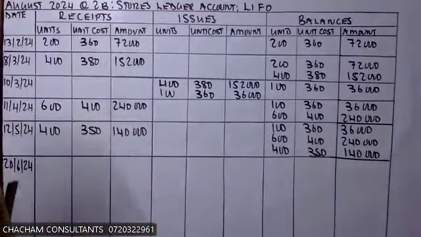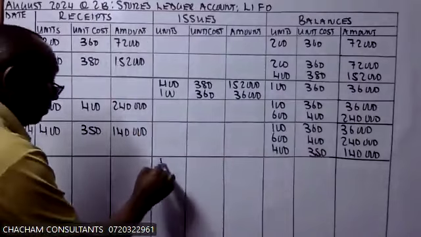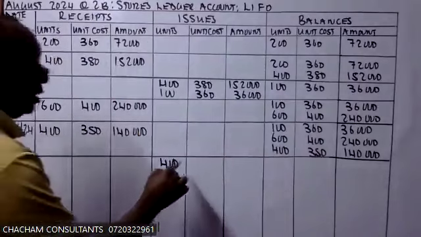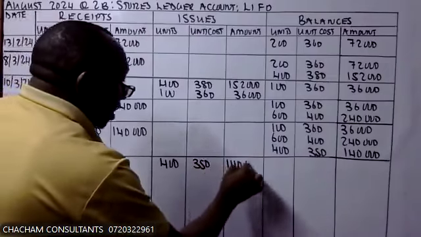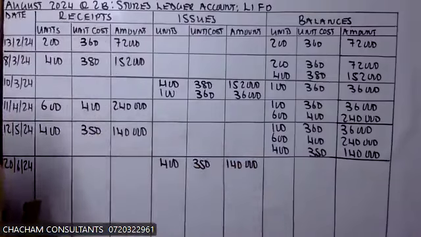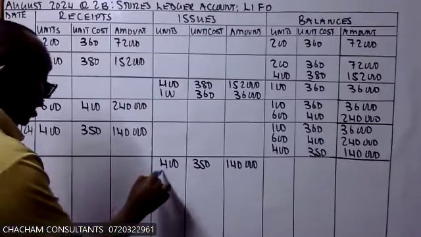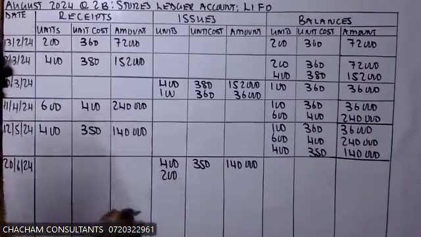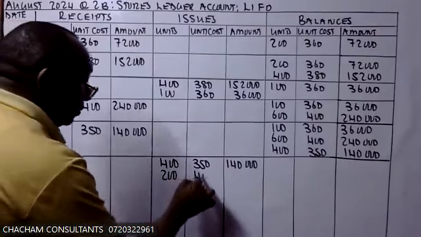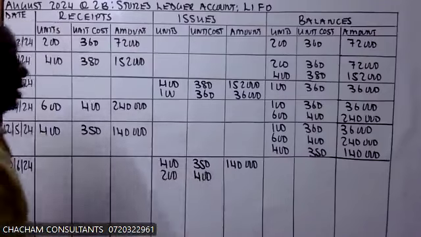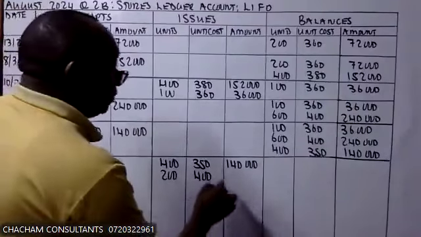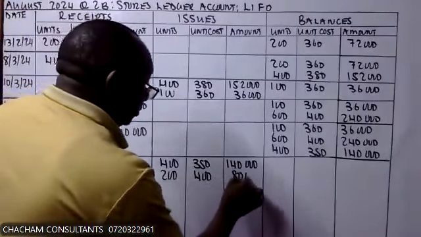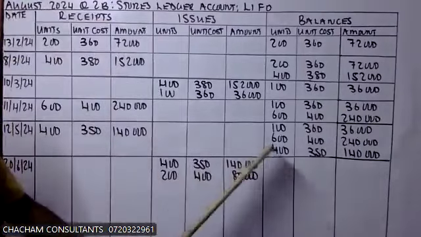So we get 400 at 350. That gives us 140,000. Then we get another 200 at 400. That will give us 80,000. The 200 is coming from here.